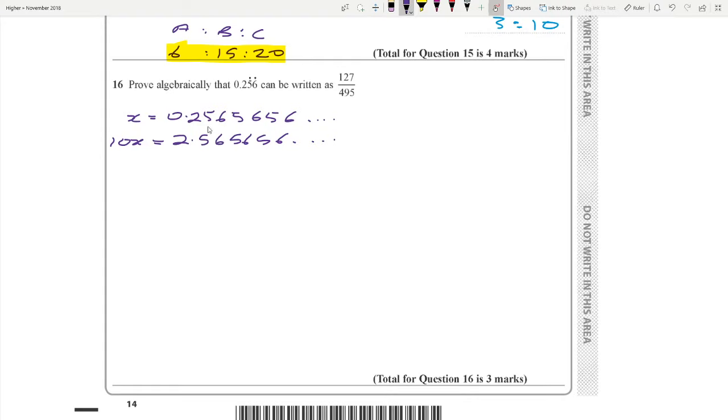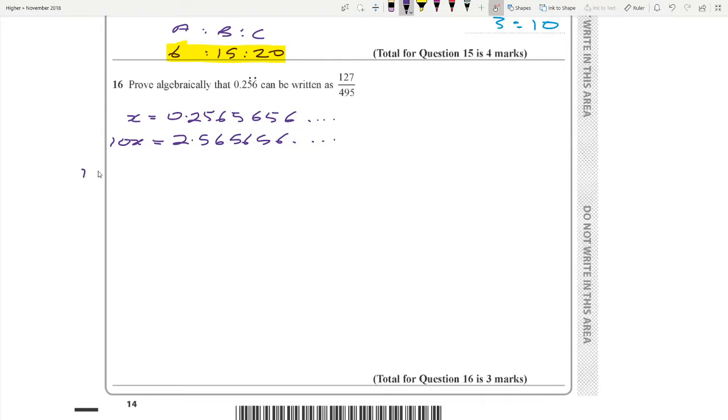But these don't line up. This starts with a 2, this starts with a 5. So if I times x by 100, I'll get 25.656565. That's no use. If I times it by 1000, I'll get 256.5656, and therefore that will line up the two recurring values.